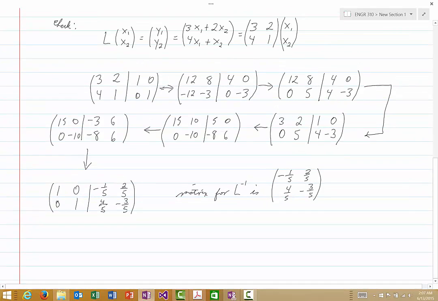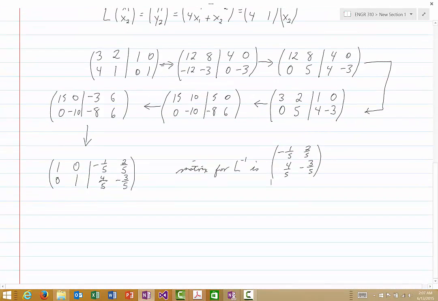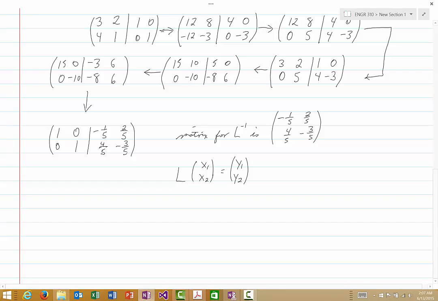And now to finish this up, we have L times x1, x2 is equal to y1, y2. And so if we multiply both sides of that equation by L inverse, we get x1, x2 is equal to L inverse times y1, y2.